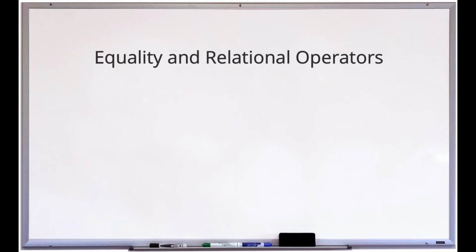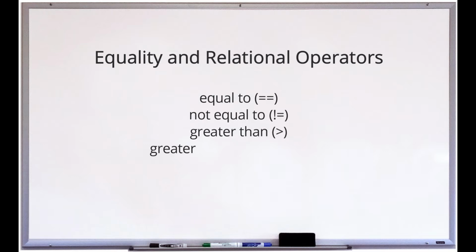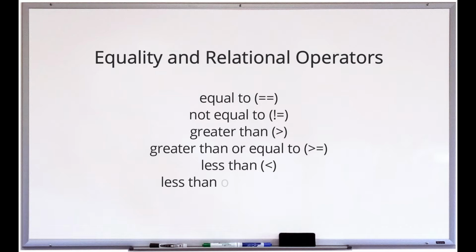Equality and relational operators. The equality and relational operators are used to check if one operand is greater than, less than, equal to, or not equal to another operand. Most of these we already know. Equal to, not equal to, greater than or equal to, less than or equal to.